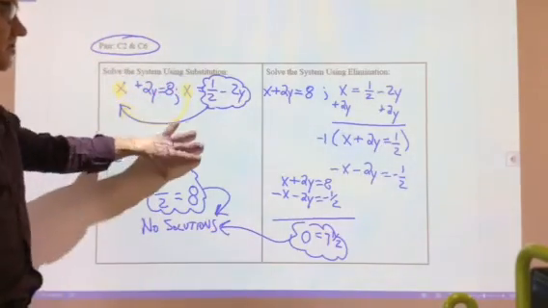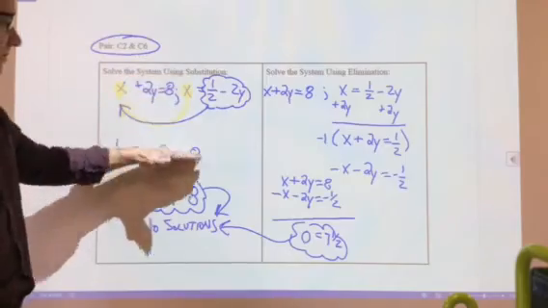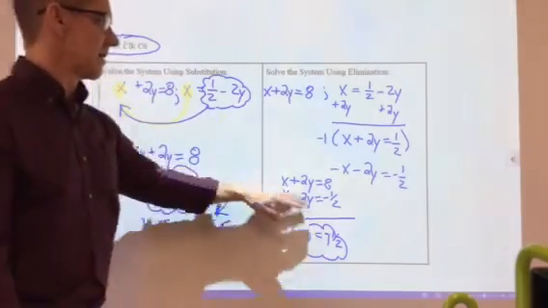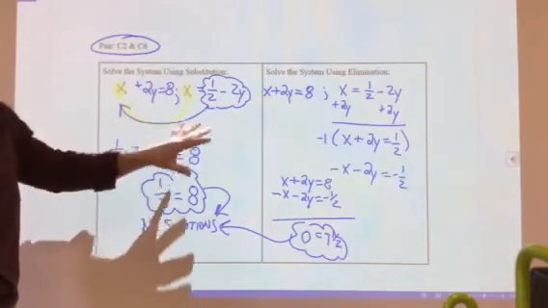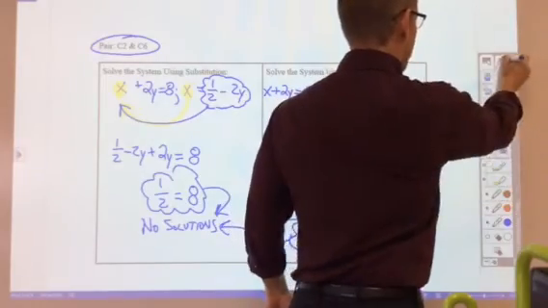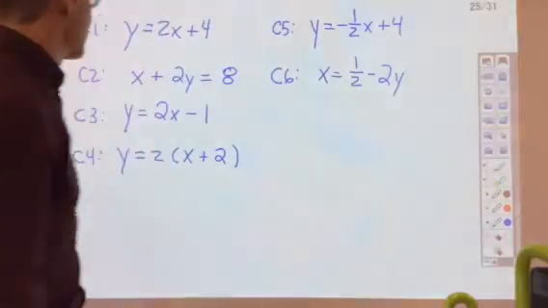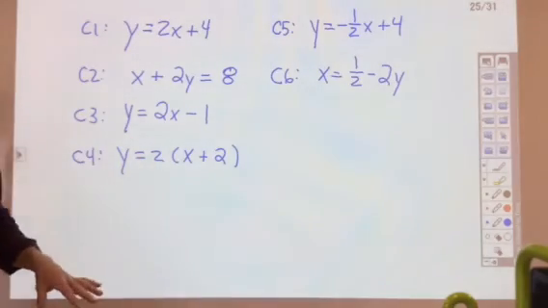So what you'll do with this sheet is you'll go through every possible pair. There will be 14 other possible pairs, and you will show using the method of substitution and elimination that the conclusion you came to on your poster board is correct. Now, if you're looking at this and you haven't been in class, what I've done is I've gone ahead and I've listed the equations here, so you can at least get this work done.